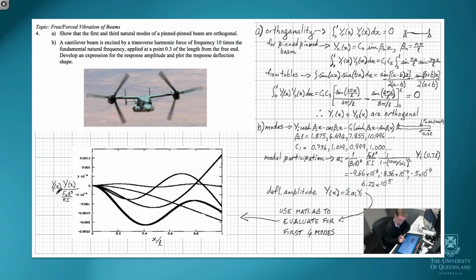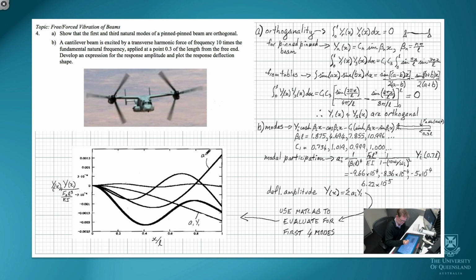So we have the first mode, A1 times Y1, shown there. You can see that first mode shape there, and it contributes a lot in terms of the deflection, particularly at the end of the beam. The second mode we've got coming down and then up.